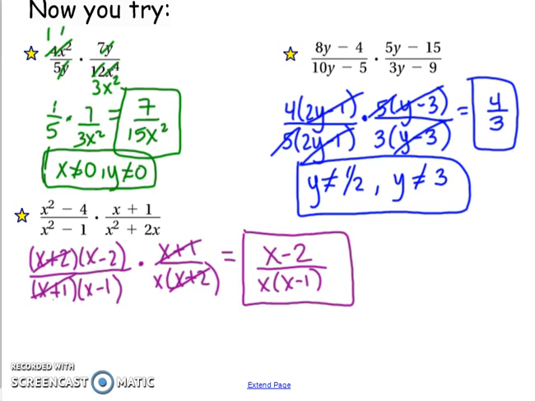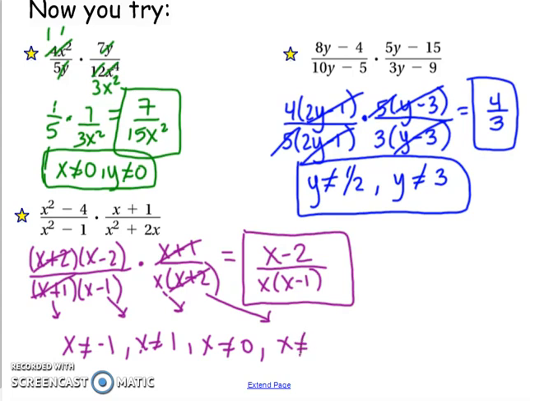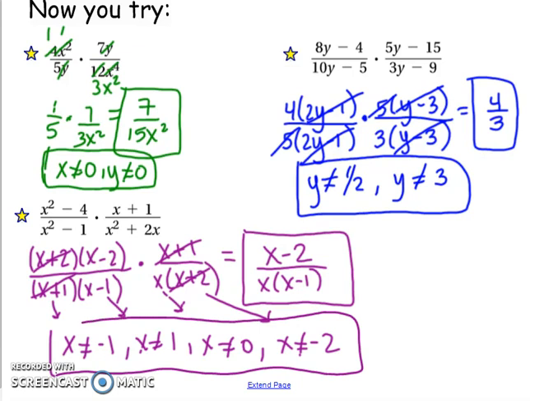So if we take this, x cannot equal negative 1. If we take this, x cannot equal positive 1. If we take this, x cannot equal 0. And we take this one, x cannot equal negative 2. So this has 4 domain restrictions.